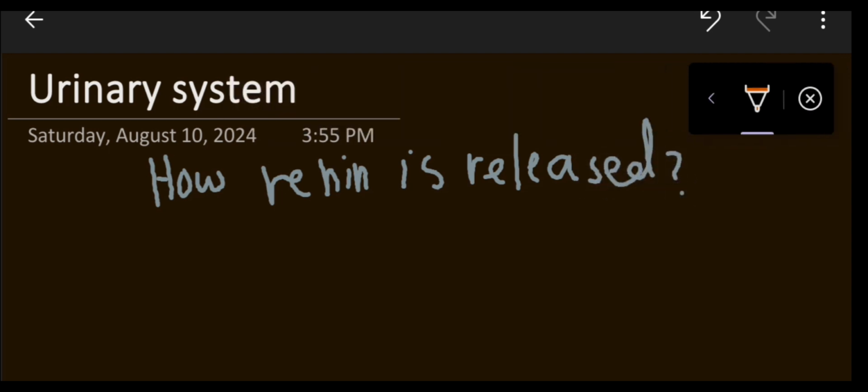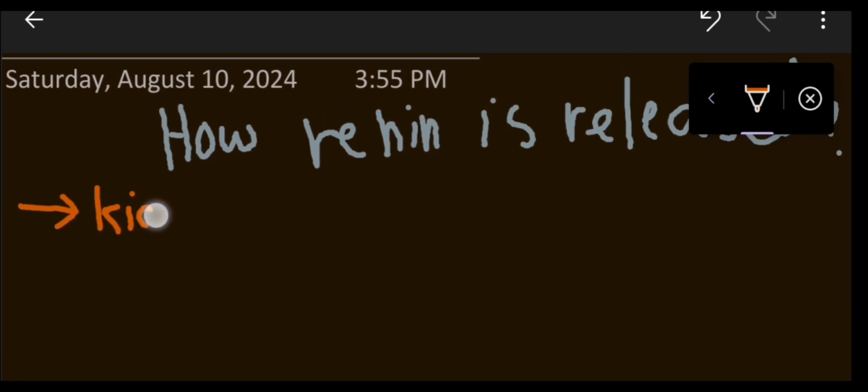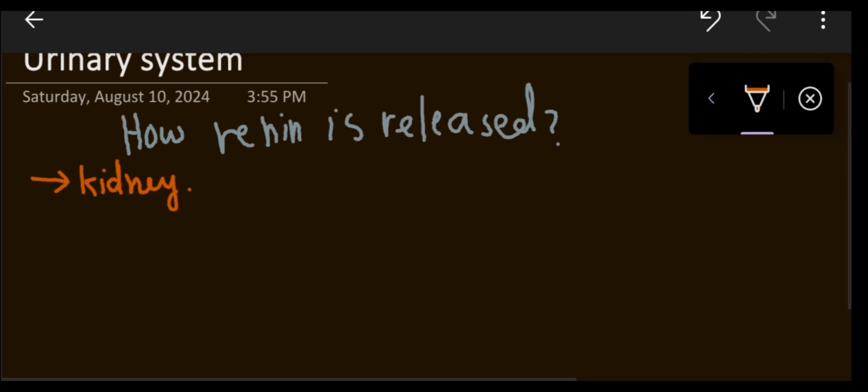So here you can see, the first point is that renin is released by the kidney. Now you're going to answer how it is released. So let's go to the neuron. We are going to make the diagram over here. The glomerulus. This is the PCT.